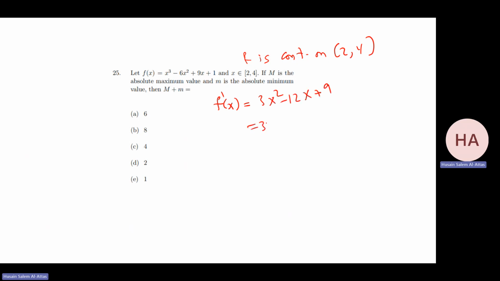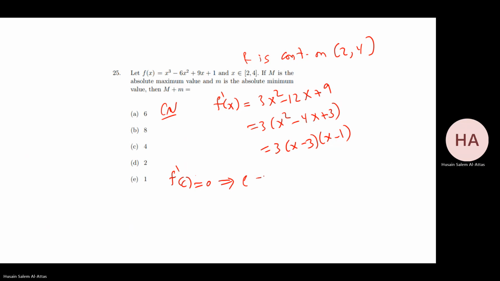In other words, this is 3 times x squared minus 4x plus 3, which is 3 times x minus 1 times x minus 3. Okay, critical numbers: f prime at c equals 0. That implies c equals 1 or c equals 3. One of these does not belong to the interval, and the other belongs to the interval.